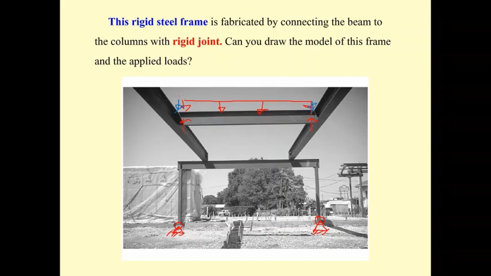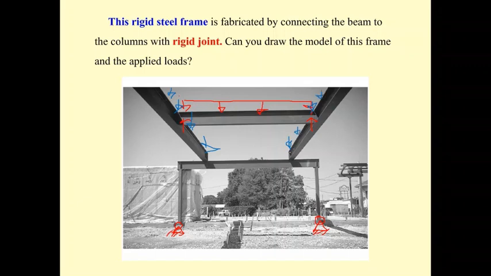And this beam is also subjected to what? This beam may also be subjected to a uniformly distributed load along its length, and this one is also subjected to a uniformly distributed load along its length.